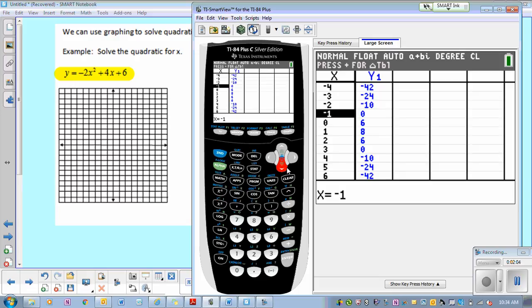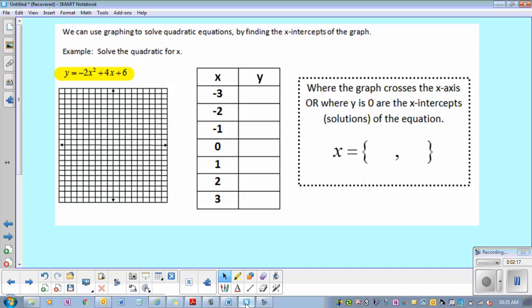If that x number has a 0 for the y, the matching y number, then that is an x-intercept, or one of my zeros. So -1 works. What else? What was the other number that you said? 3. Does 3 have 0 as the y? Yeah. All right. So -1 and 3, those are my solutions.